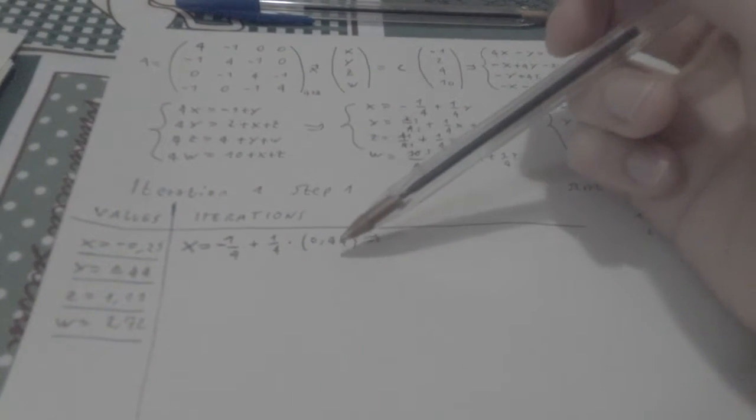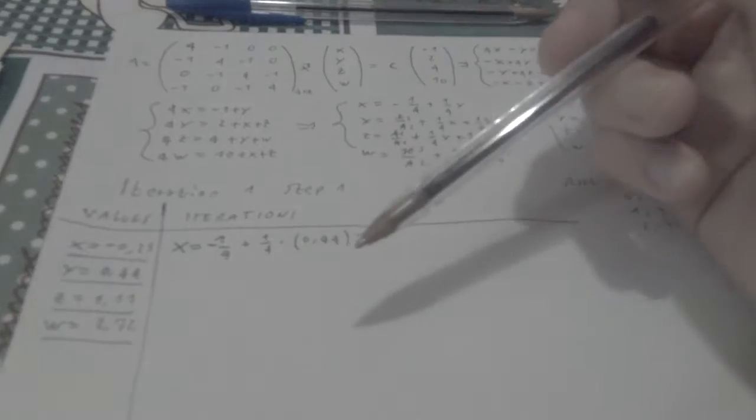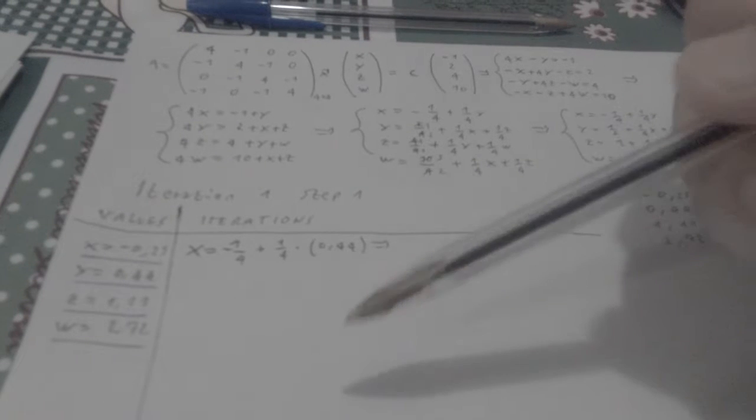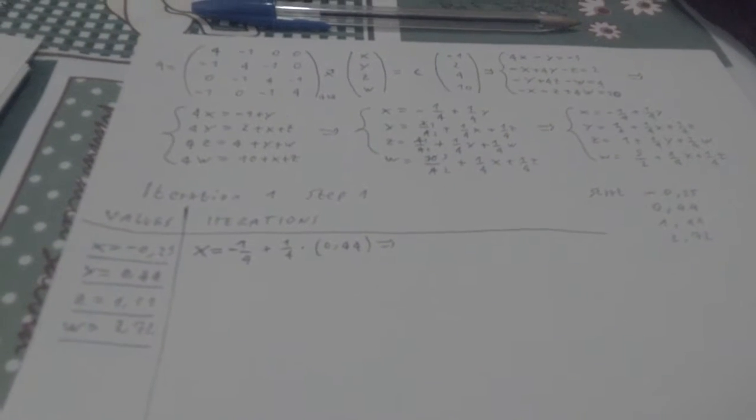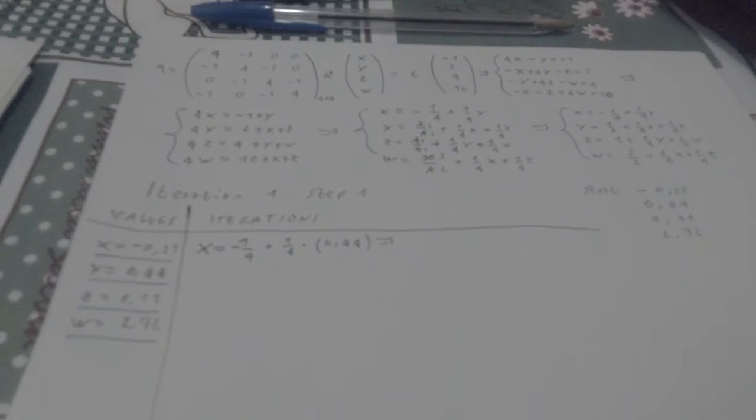We have fractions and we have 0.44, so we have to make sure everything is consistent. Eventually we're going to have to approximate. I know that for the mathematicians among you it may sound weird. It sounds weird to me as well. I don't like to approximate, but you've got to do what you've got to do.